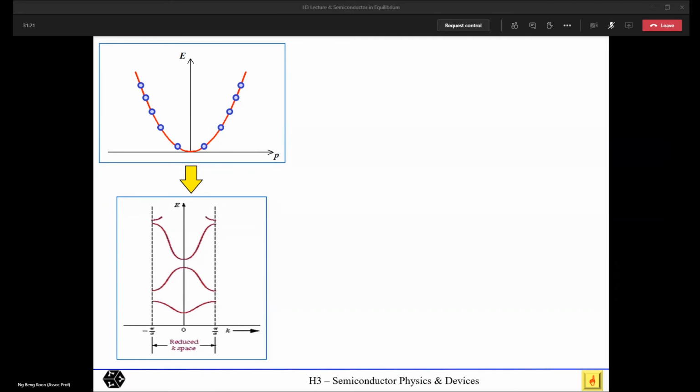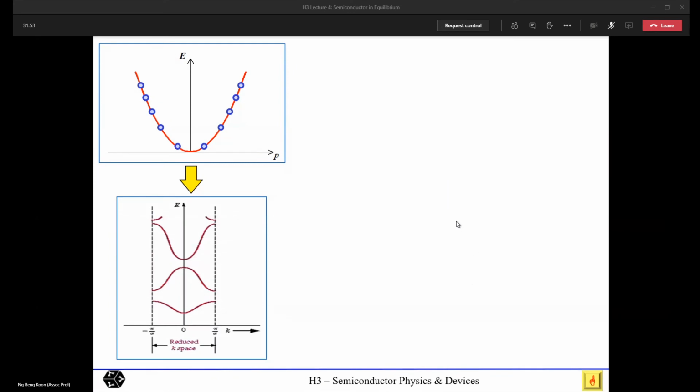We briefly discussed extending this analysis to the case of an electron in a crystal. We find that it's in general no longer a parabolic relation between the energy and the momentum. For quantum mechanical particles like electrons, we investigate the relation between the energy and the wave vector, which is related to the momentum of the particle.